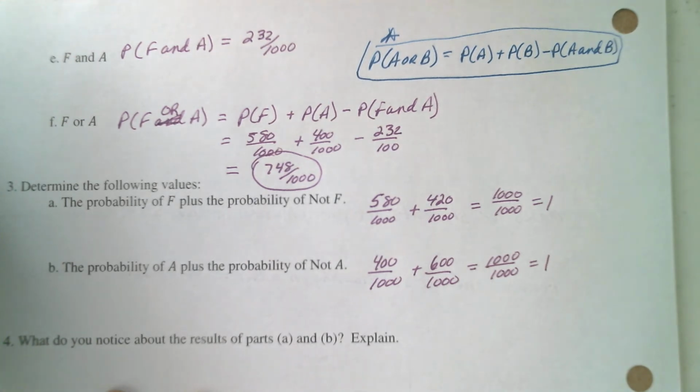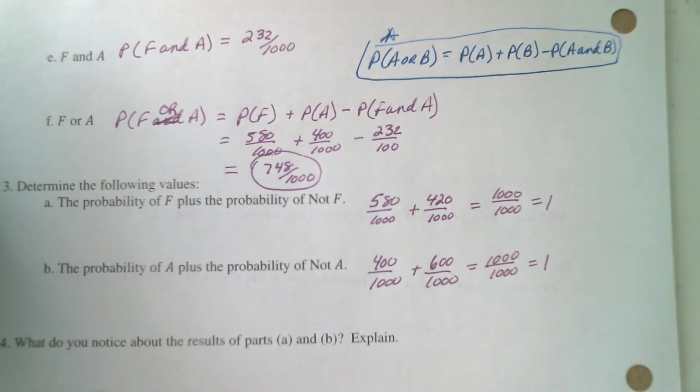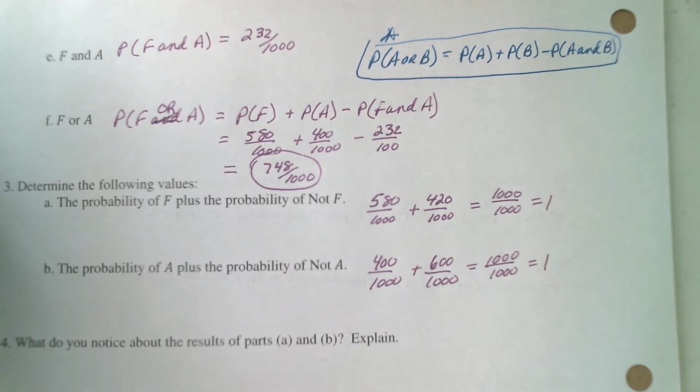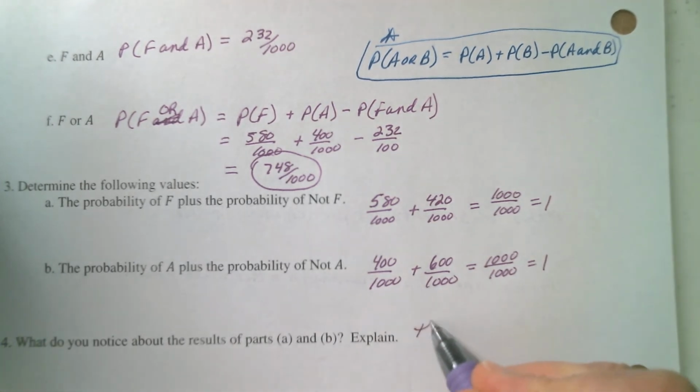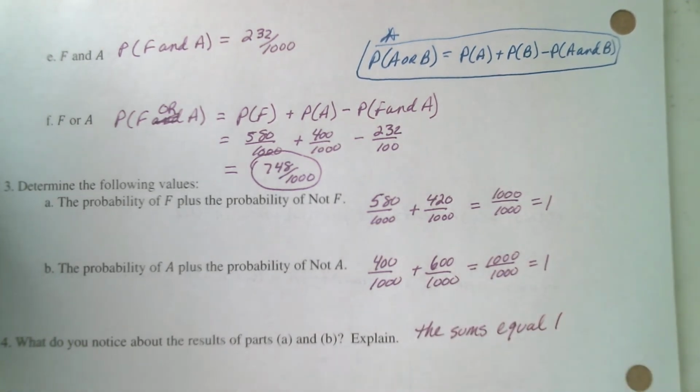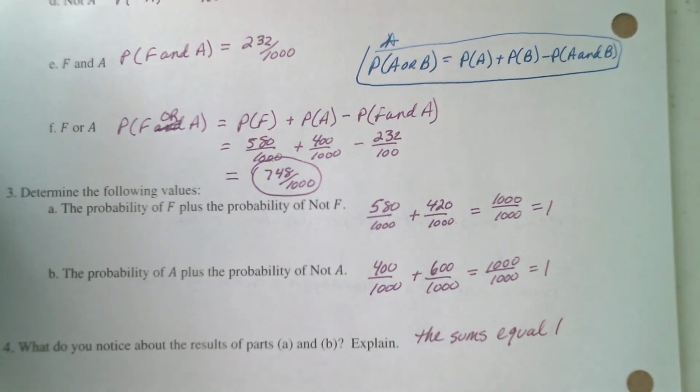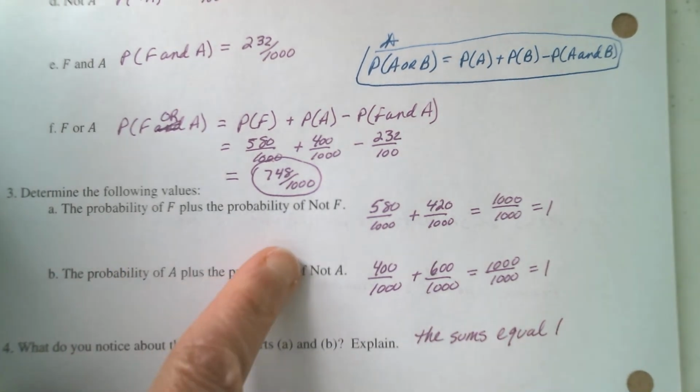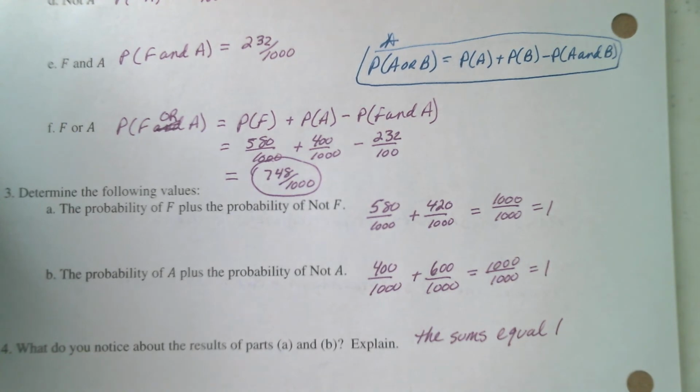What do we notice about the results of part A and part B? Explain. The sums equal 1. What were these? F and not F, they are complements. And A and not A are complements.